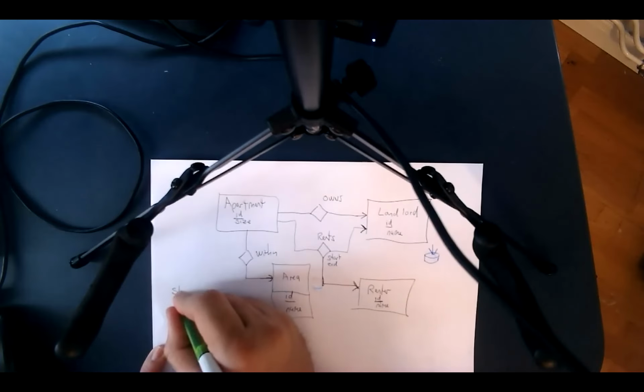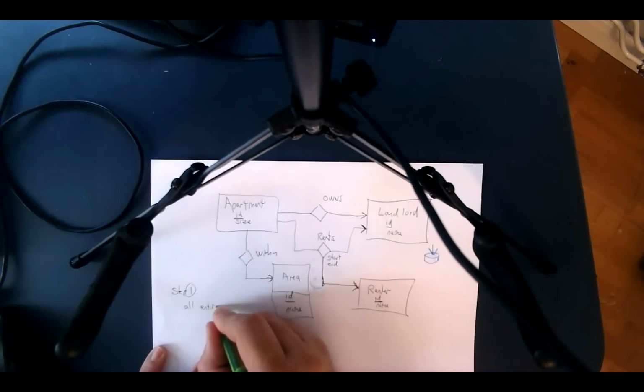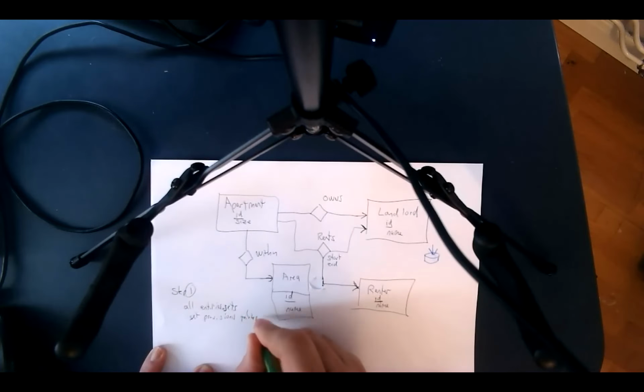So step one, all entities or entity sets get provisional tables. And when I say provisional, we're not going to define the tables yet, but we're going to start to define the tables.